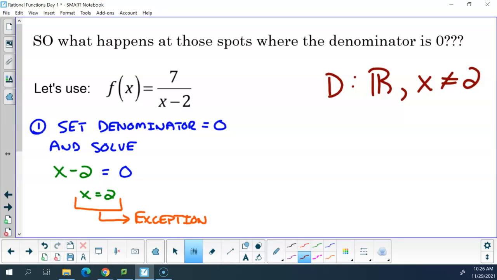So what happens at 2? Okay? Because we're going to have this graph, and we're going to be flowing on this graph, and then all of a sudden we're going to get to 2. And now we don't know what's going on. Okay? So what happens there is actually something called a vertical asymptote.